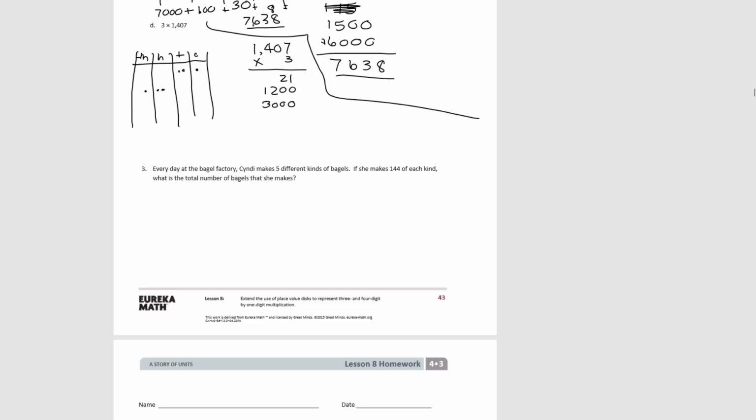So we'll record that here as 3,000s. Then when we add together, we get 4,221. And in our place value chart, we have 1, we have 2 tens, we have 2 hundreds, and we have 4 thousands. And we get the same total product.